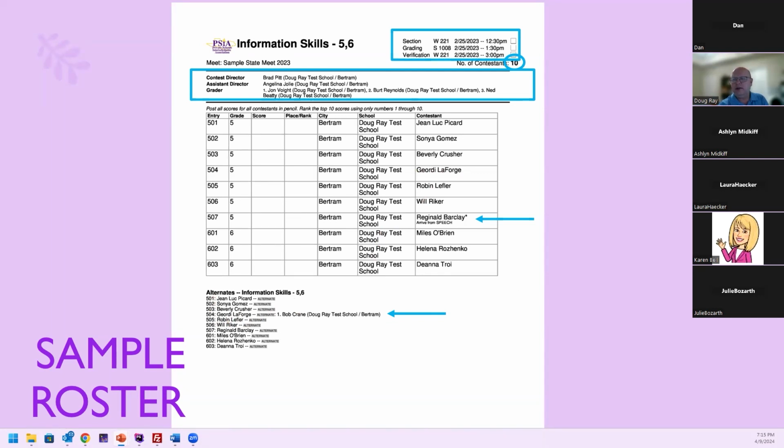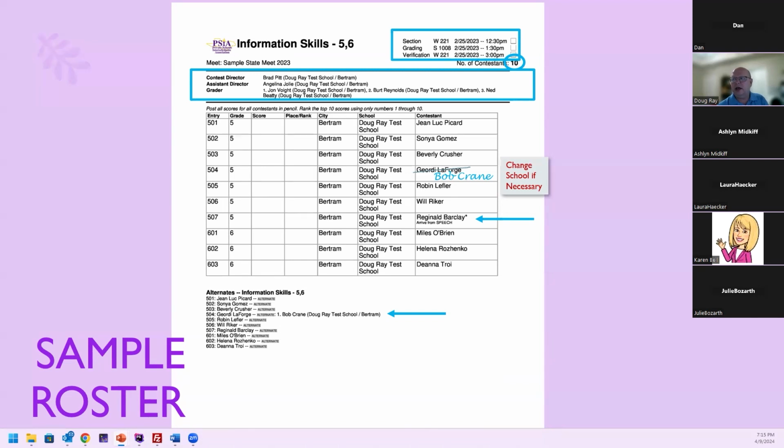That person in this case was Bob Crane. And so you would just mark out Jordy and write in Bob Crane. And you would change the school if it is from a different school. It doesn't have to be from a different school because the school's in the same district, but it probably will be a different school. Okay.